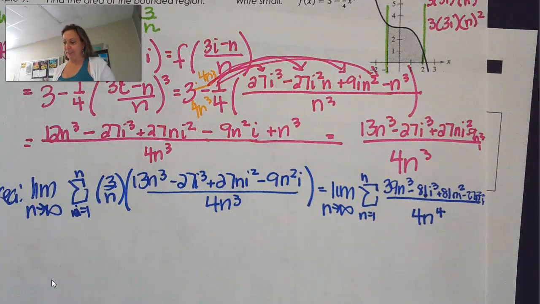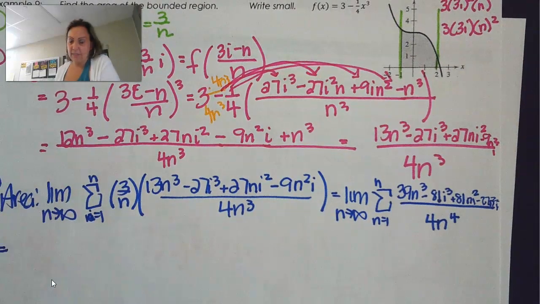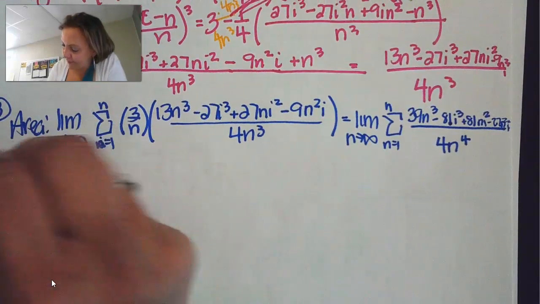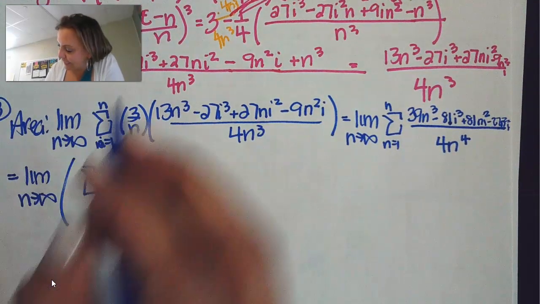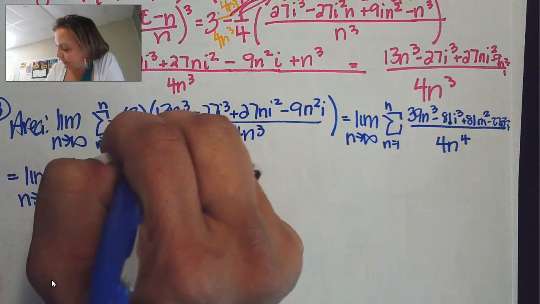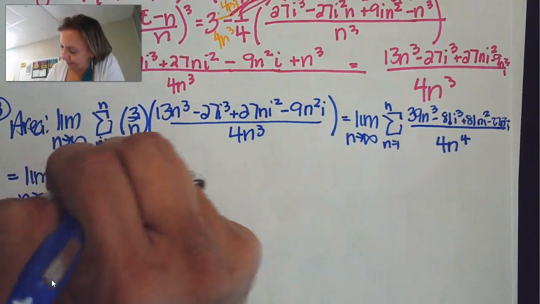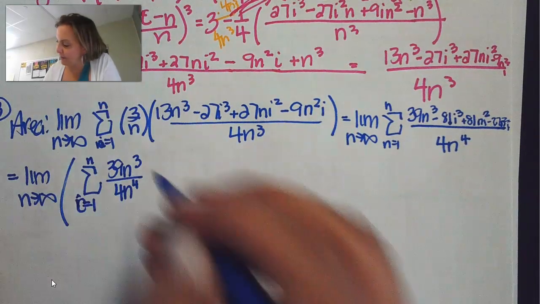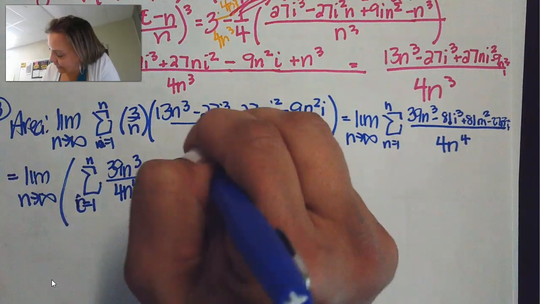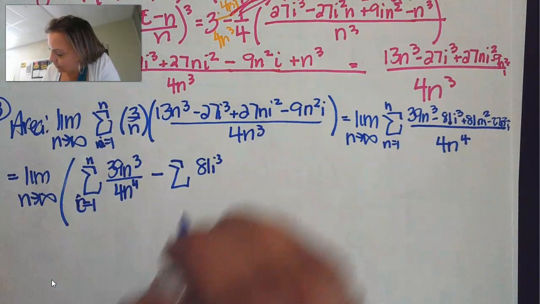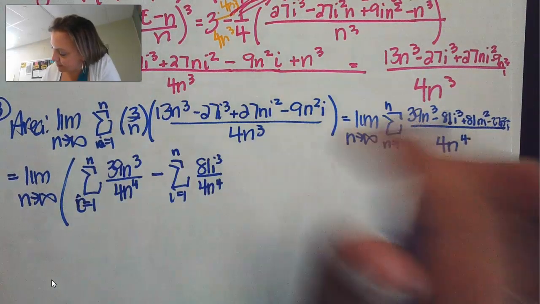And then we can separate those out into different pieces. So I have the limit of these different sums. I'm going to take 39n cubed over 4n to the 4th, as i going from 1 to n. Minus, I'm going to take 81i cubed over 4n to the 4th from 1 to n.